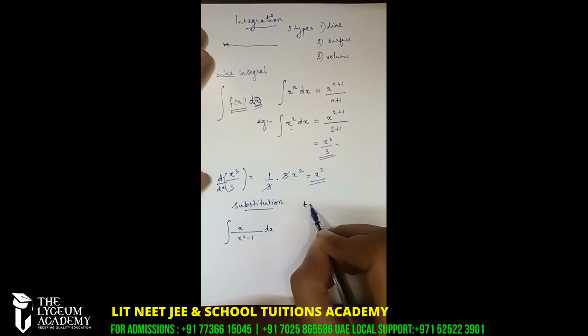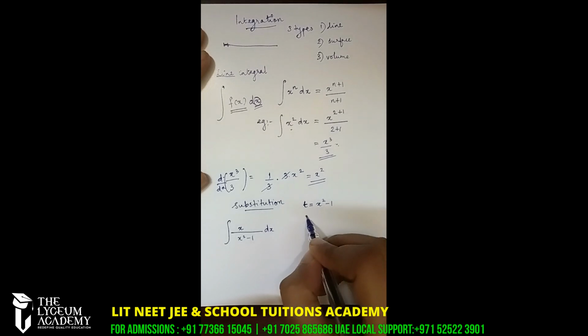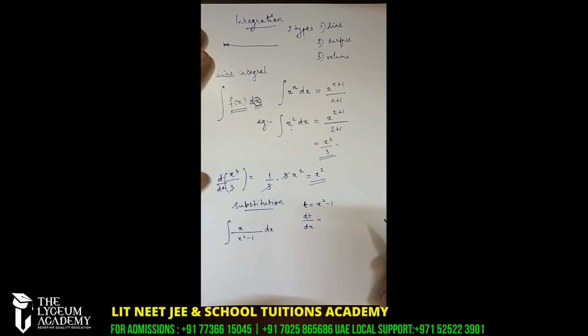I'm just going to substitute for the denominator. I'm substituting t instead of the denominator. I'm just differentiating t with x. So that will be 2x minus 0.